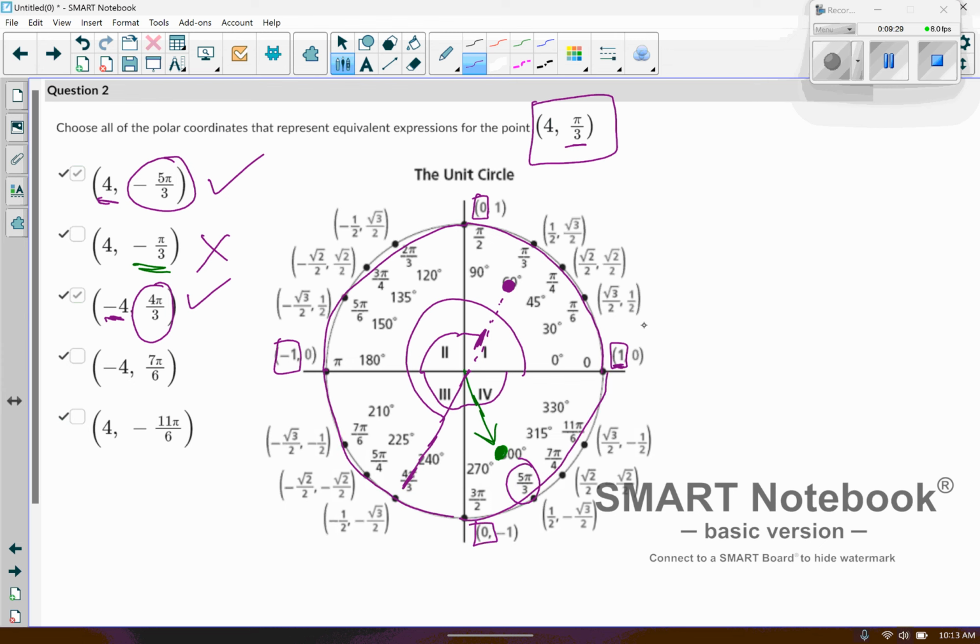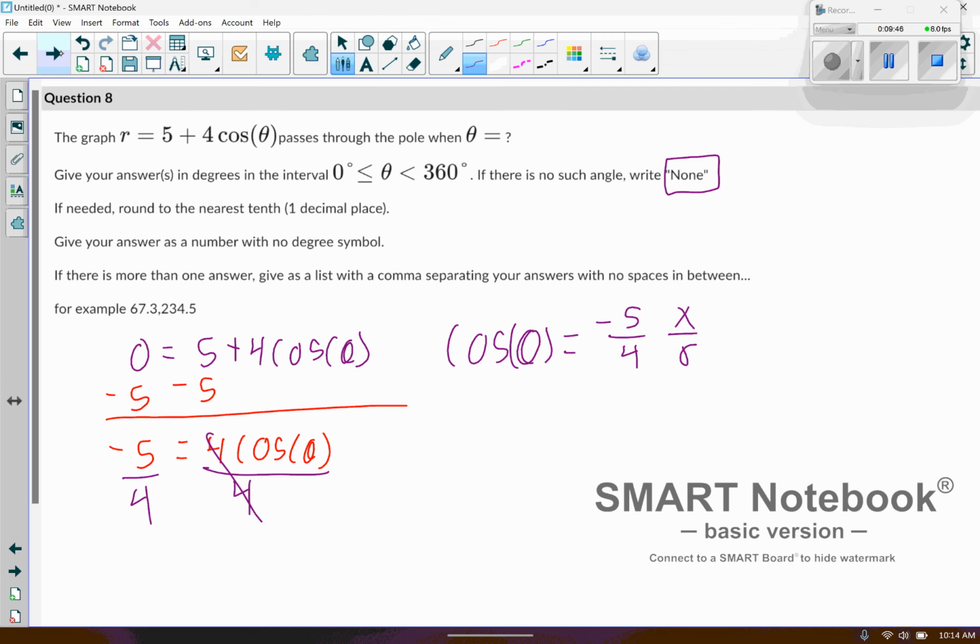So for any angle, my cosine ratio has to be somewhere between 1 and negative 1. It'll never be more than 1, and it'll never be less than negative 1. It's always got to be somewhere between those two numbers. And so if you try to put it in the calculator, it's going to give you an error.